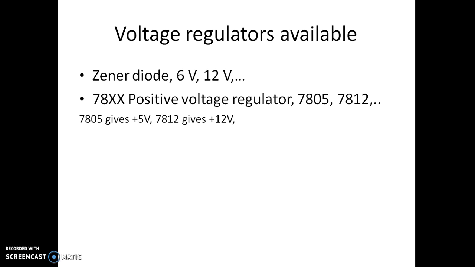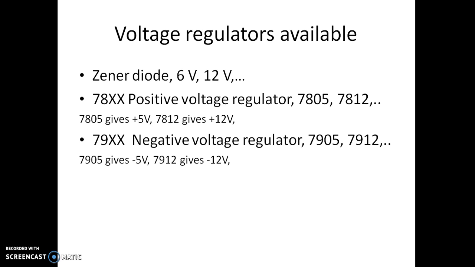The XX is the actual voltage, so we can have 7805, 7812. The 7805 will give a constant plus 5 volts DC, and 7812 will give plus 12 volts. Similarly, 79XX is a negative voltage regulator, which will give a constant minus 5 volts and minus 12 volts.